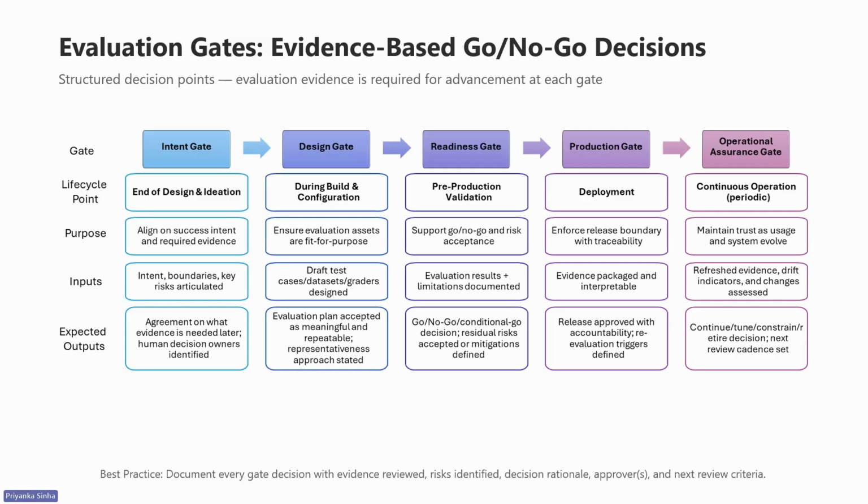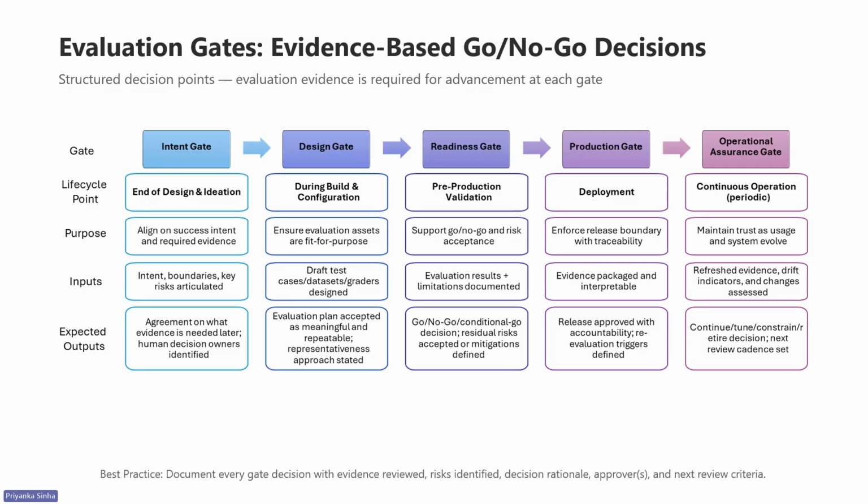Unlike traditional testing checkpoints, these gates are specifically designed for the non-deterministic nature of AI agents, where pass/fail is replaced by evidence-based confidence levels and explicit acceptance of residual risk.